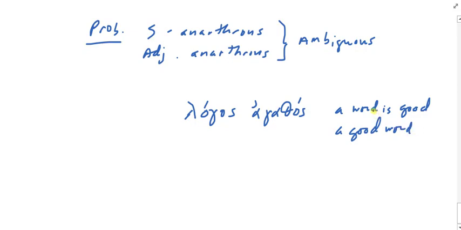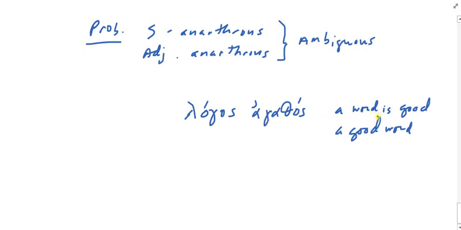Okay? They're both possible. And the reason this is ambiguous is because I don't have a copula. If estin were right there in the middle, I wouldn't even think about that being an attributive adjective, would I? It would be logos estin agathos, a word is good. Okay? It's only when I lack the copula and I have no articulation of either form, then it could actually go either way.